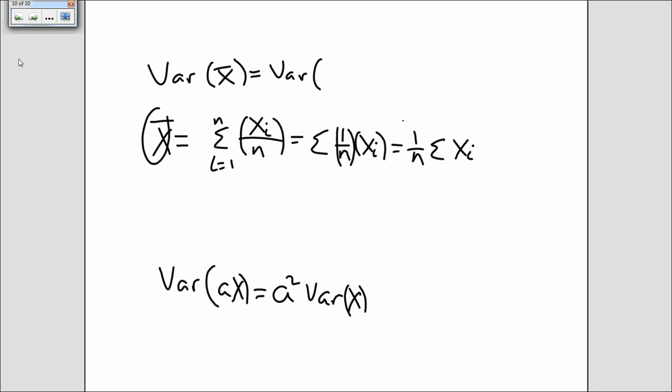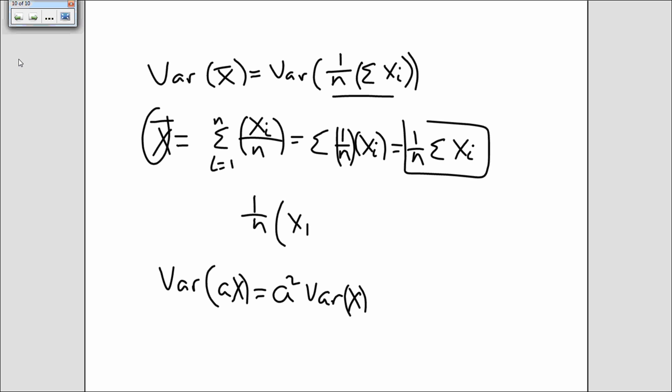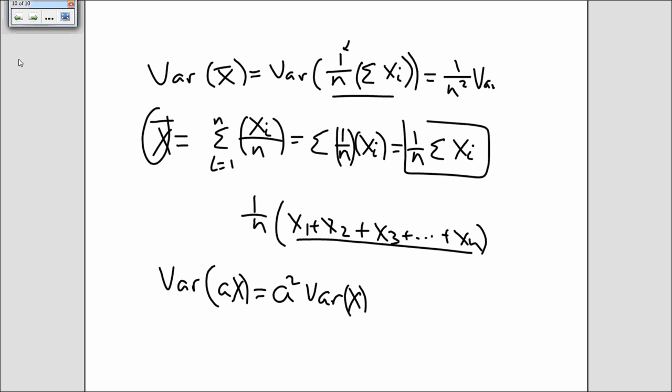But x bar is 1 over n times the sum of the random variables x sub i, that is, 1 over n times x1 plus x2 plus x3 all the way up to x sub n. This is a random variable. The constant 1 over n comes out in front, but it gets squared. It's 1 over n squared, the variance of the summation of xi, as i goes from 1 to n.